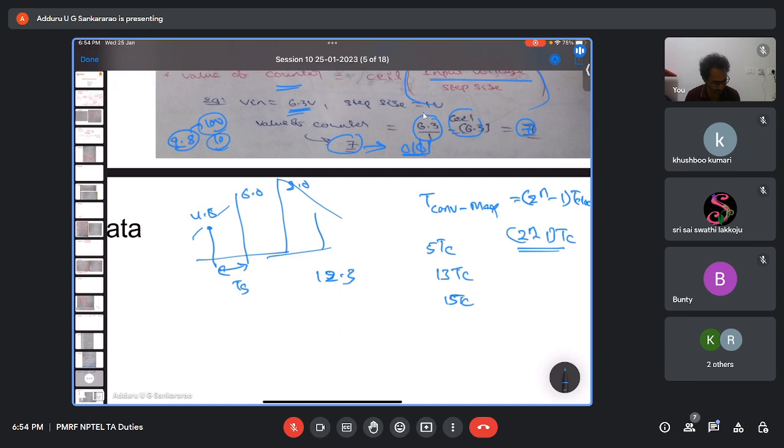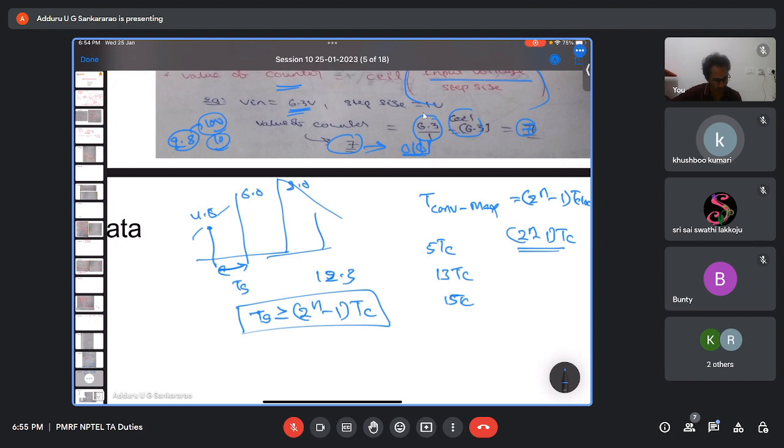That means the sampling interval: the next sample should come only after 2 power n minus 1 into TC clock pulses. Understood, right? This is the problem here. Somewhat it takes more time for converting each and every one.